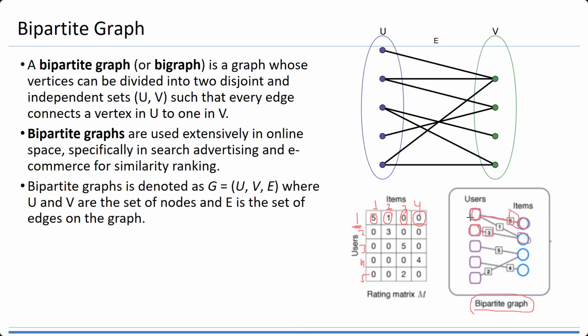And the user one connects to the item 2, and the rating is 1. Then we can see that, okay, the most popular items in this case is item 2 and item 3, because there are 2 users. Item 1 has only 1 user, item 4 has only 1 user.